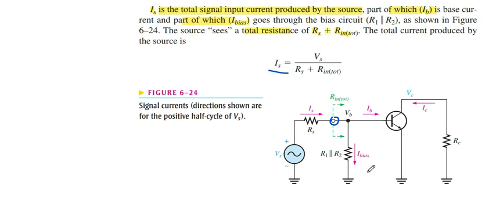I_bias depends upon R1 and R2, or IB passes through the circuit to the transistor, and IS is equal to VS over (RS plus R_in(total)). R_in(total) is represented by this one, the resistance from this point to the ground. So R_in(total) plus RS, which is also in series.